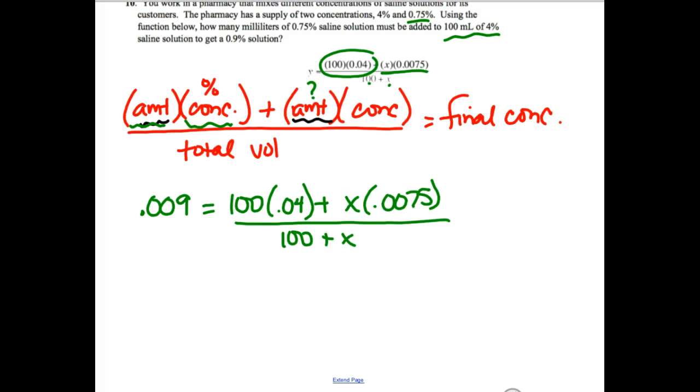How would we solve that? What's your first step? So can we multiply the 100 plus X to the left side? Okay.